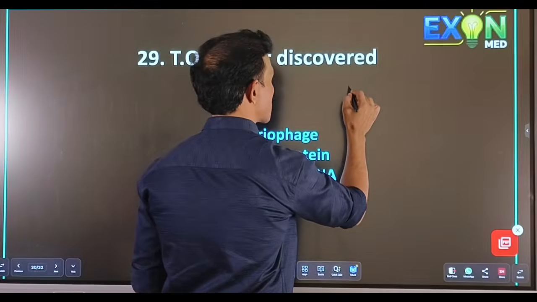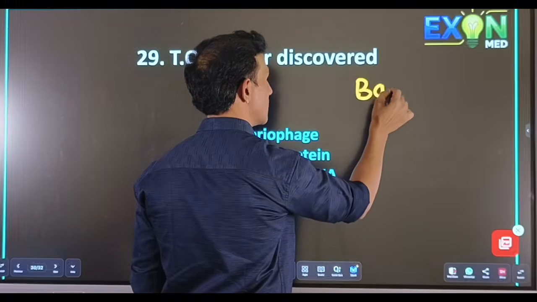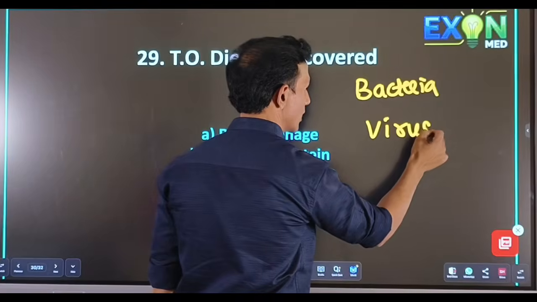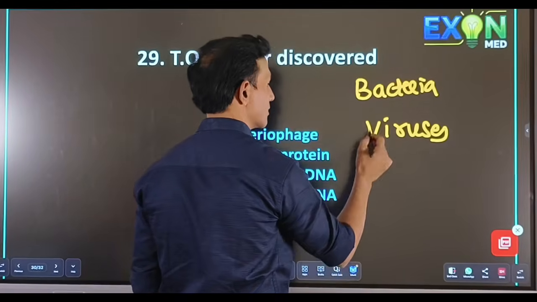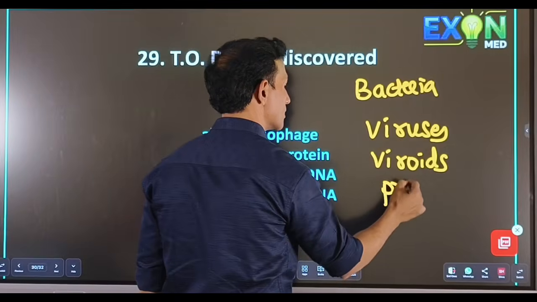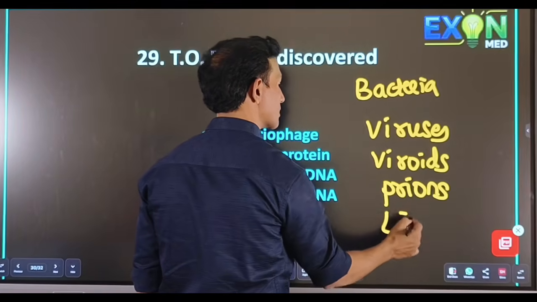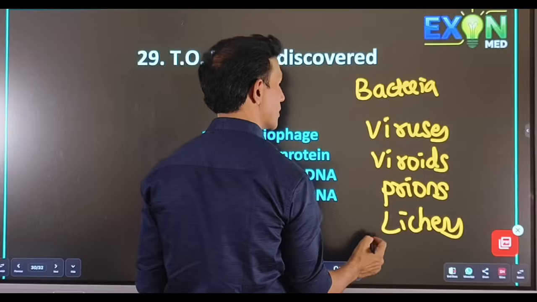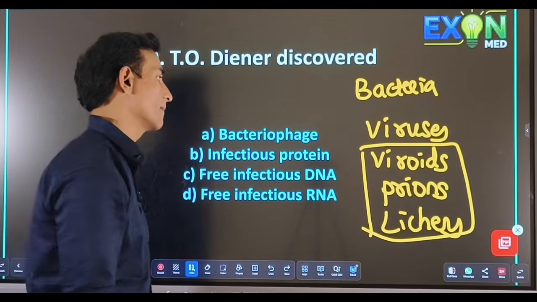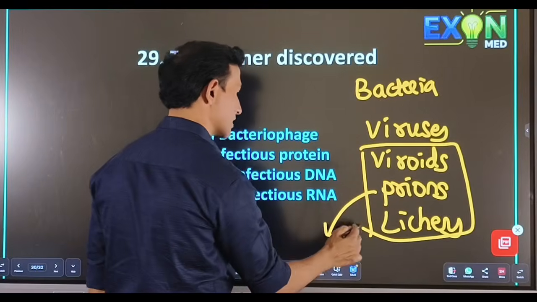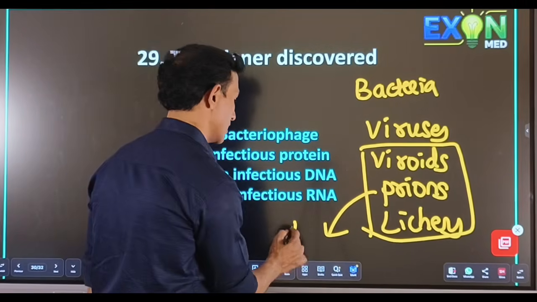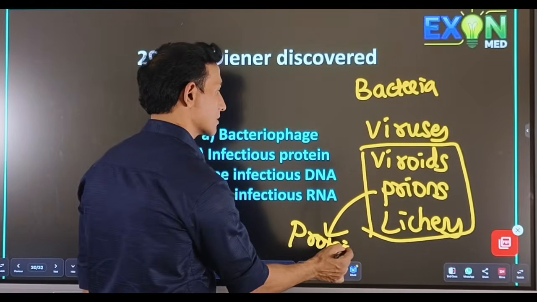We have the smallest organisms called bacteria. Then we have other types of organisms which are not included in the kingdoms, like viruses, viroids, prions, lichens. Among these, proteinaceous infectious agents are called prions, which means they are made up of proteins.